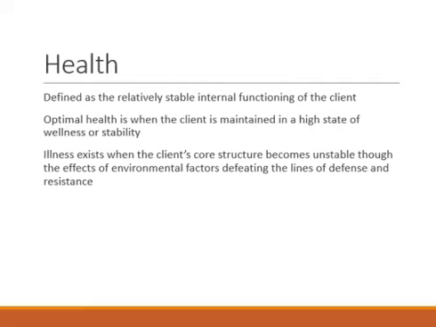So it takes a considerable amount of physical and psychological energy to maintain the stability of the person who is in good health. The opposite of a healthy state is going to be illness, and it exists when the client's core structure becomes unstable through the effects of environmental factors that basically overwhelm and defeat the lines of defense and resistance. So those environmental factors, whether internal or external, are called stressors for this model.